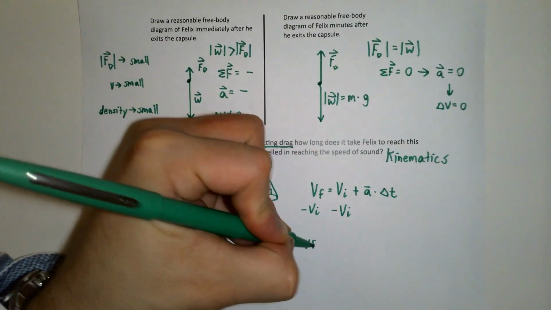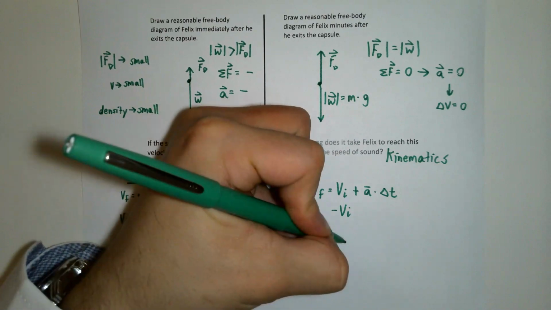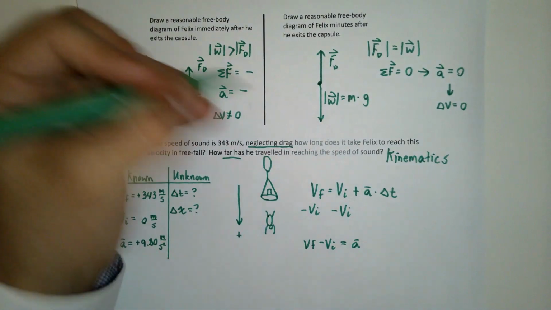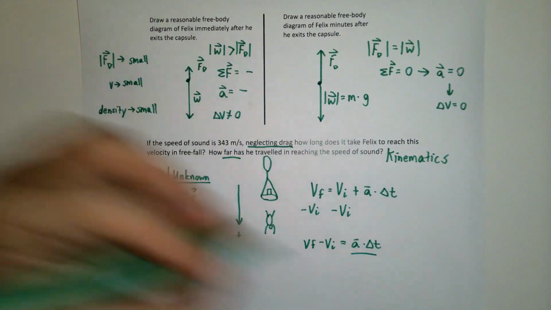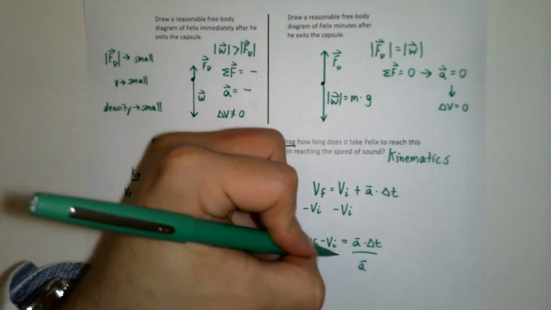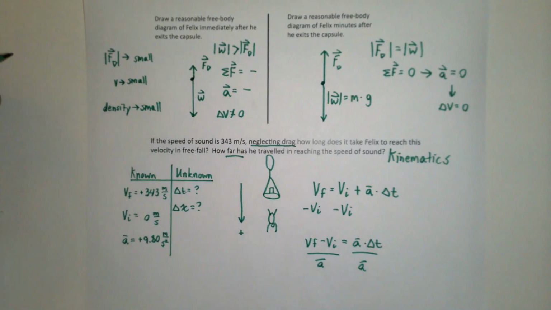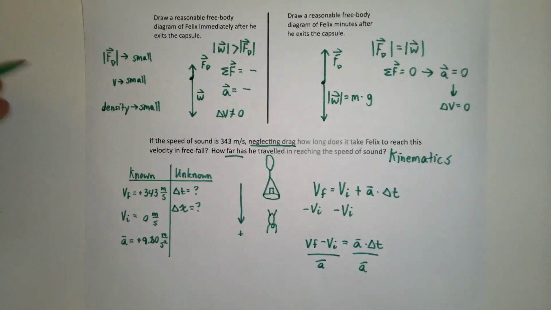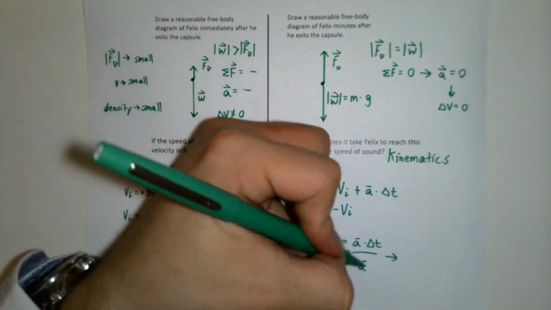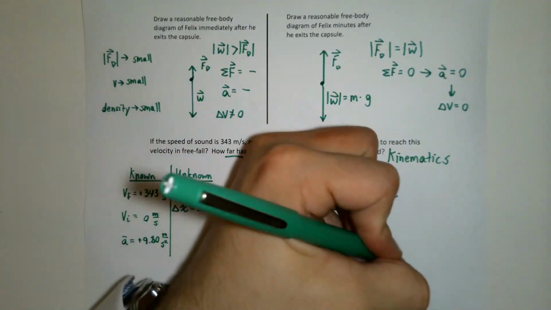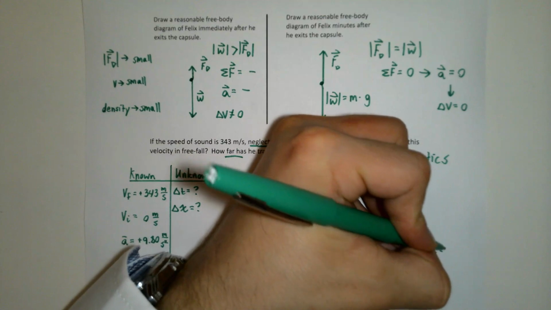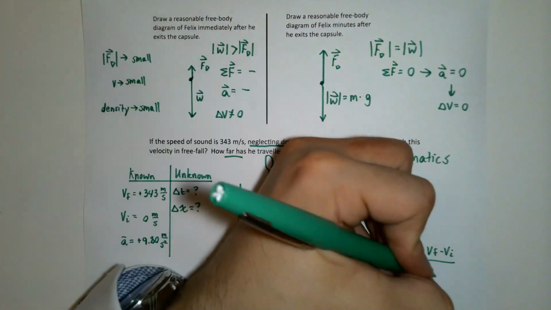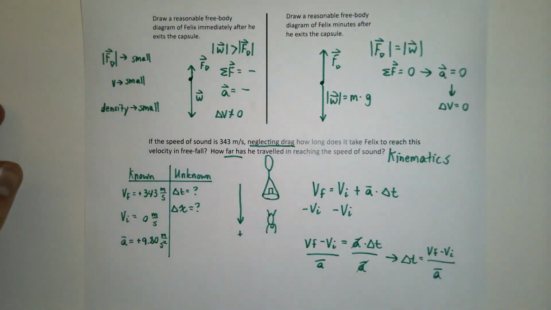Now I have final velocity minus initial velocity equals acceleration times time. Now I can divide by acceleration. Since acceleration on the right-hand side cancels, my final equation is that the change in time equals final minus initial velocity divided by the acceleration.